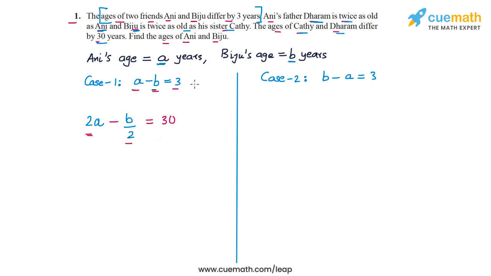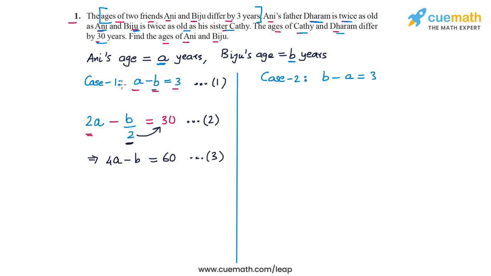Let's call these equation 1 and equation 2. I can rewrite equation 2 as 4A minus B is equal to 60. Basically if I take the LCM on the left side and then cross multiply 2 with 30, I get 4A minus B is equal to 60. Let's call this equation 3.